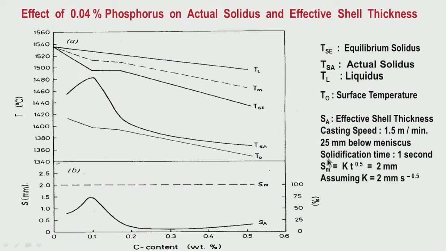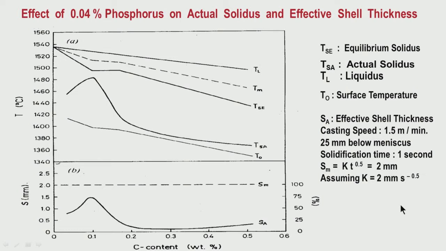The theoretical solid shell thickness, as I have told you earlier, depends on the capital K, which is the solidification constant, times t to the power 0.5. Since time is 1 second and K is, if you assume, 2 millimeter per second to the power 0.5, we can calculate the theoretical solid shell thickness, which is 2 millimeter.